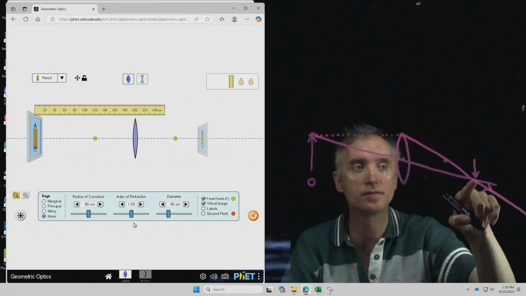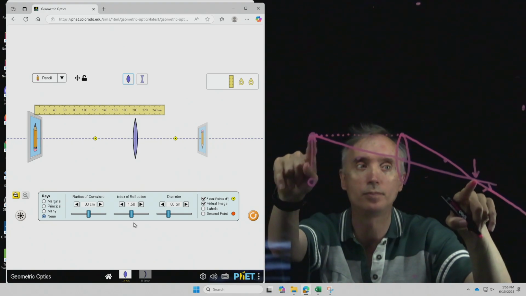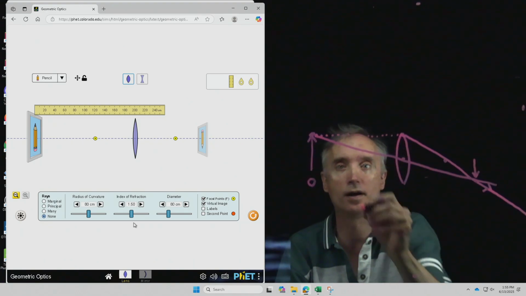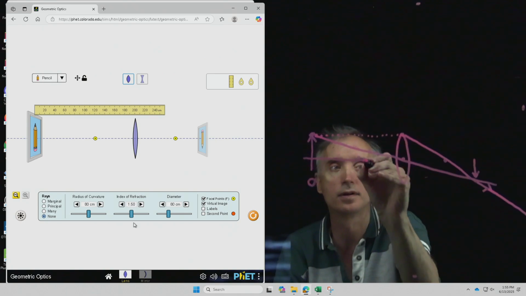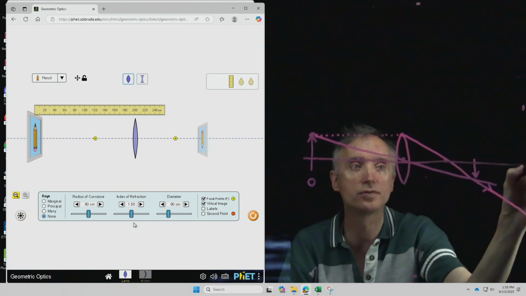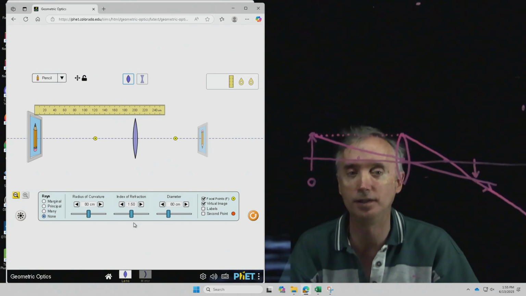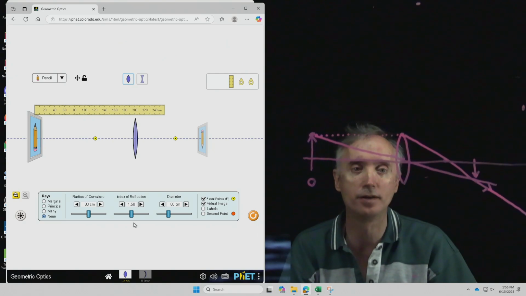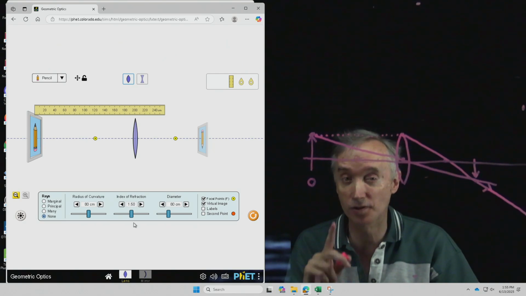So now we're going to make an arrow, because remember, this is the tip of the arrow. And that's my horizontal baseline there. Now there's a third one.